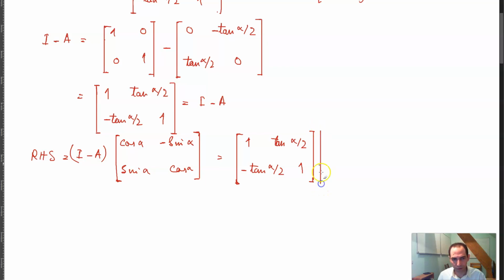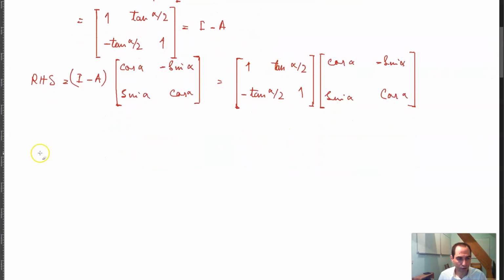And we want to multiply that by cos of alpha, negative sine of alpha, and cos of alpha.